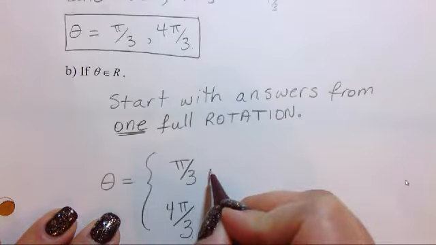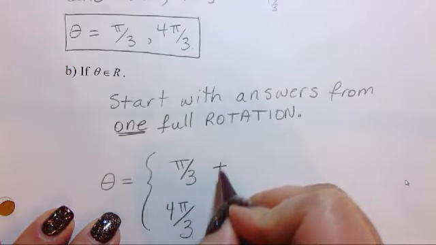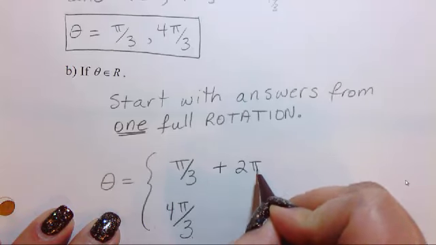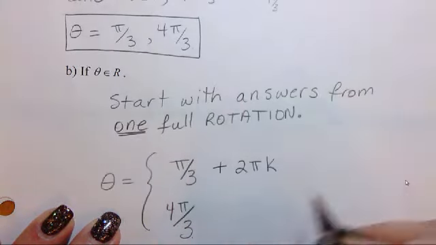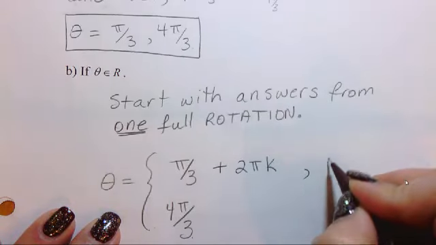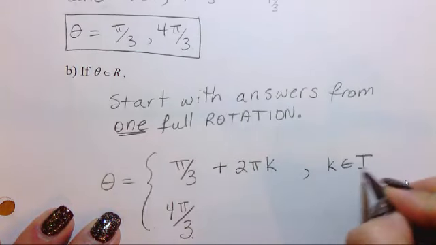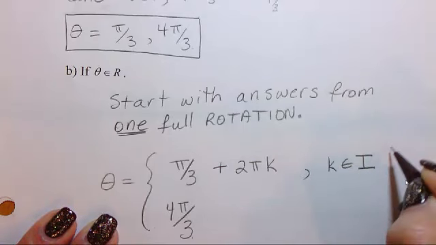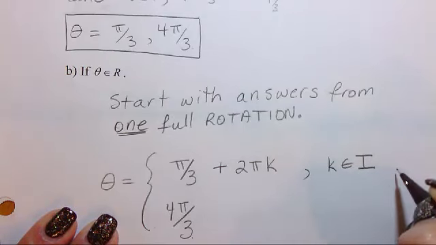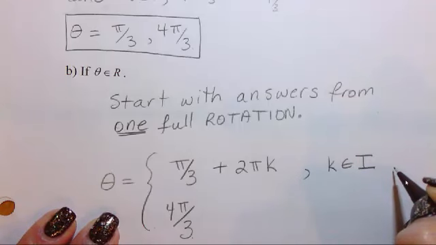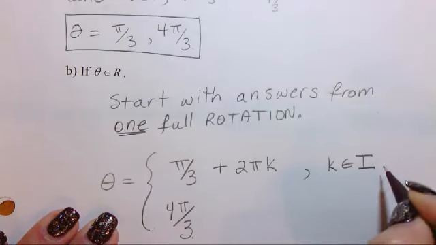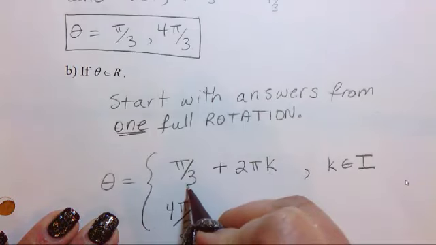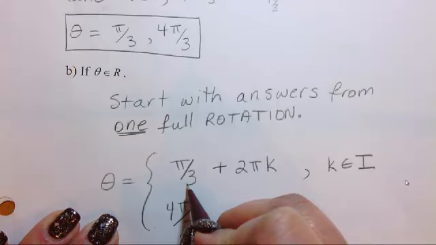So here it's π/3, and also every time I take a full rotation, it's π/3 plus 2πk. And I have to say that k is an element of the integers. The integers, because I'm going in the positive rotation and I'm also going in the negative rotation. I also want to include 0 in this case because including 0 for k will get me back to my original π/3 answer.